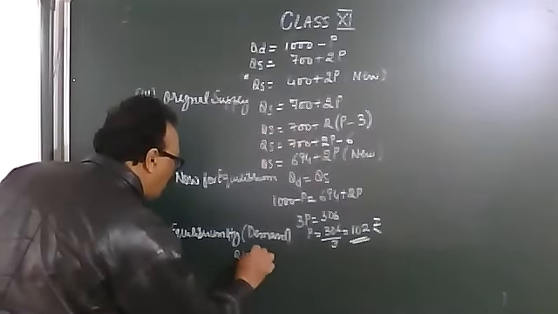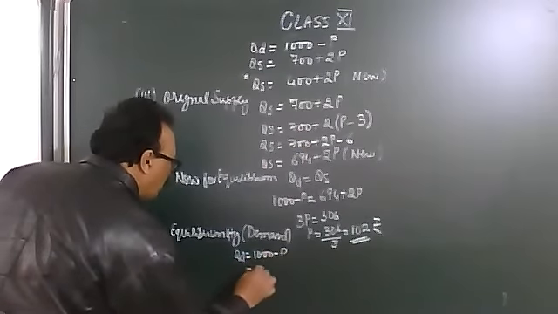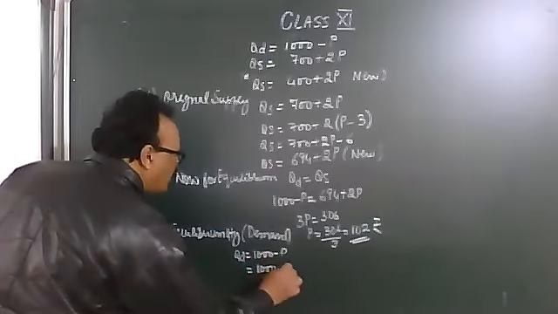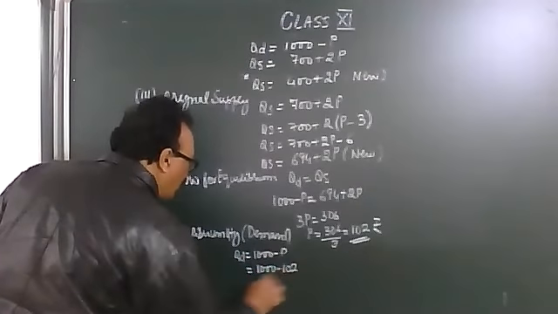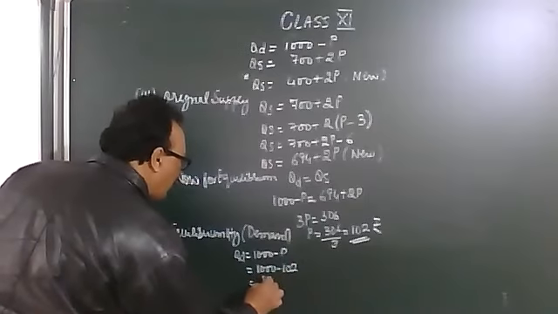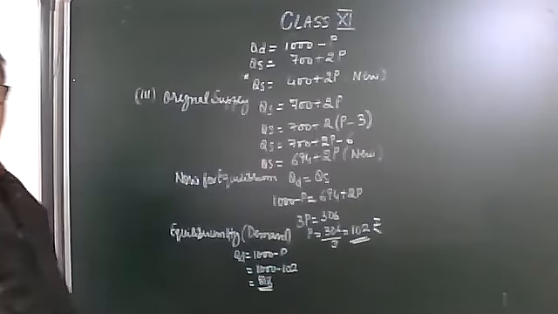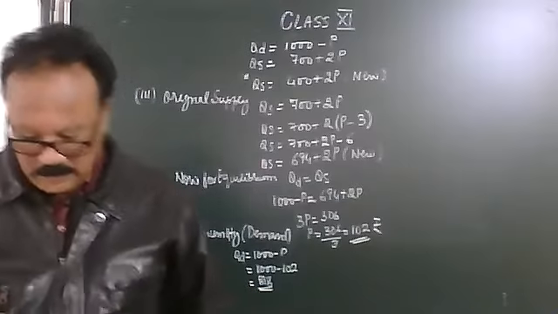QD is equal to 1000 minus P, that is 1000 minus 102, which is 898.